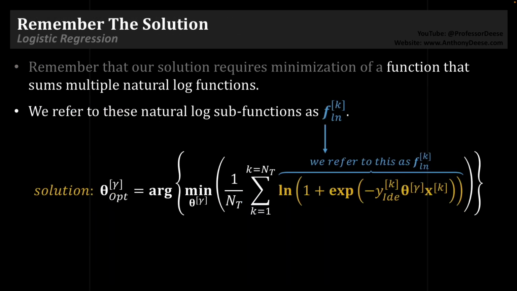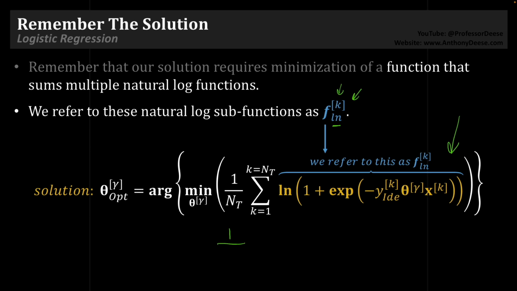Remember that our solution requires minimization of a function that sums multiple natural log functions. So we've already seen this before. This is our solution method. I put it back up on the screen because I wanted to remind us of the name of these subfunctions, or the name that I assigned to them. So each one of these elements is going to be referred to as f subscript ln with a superscript of k, which indicates the training sample it deals with.